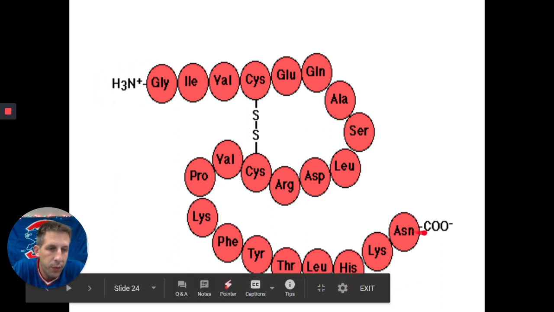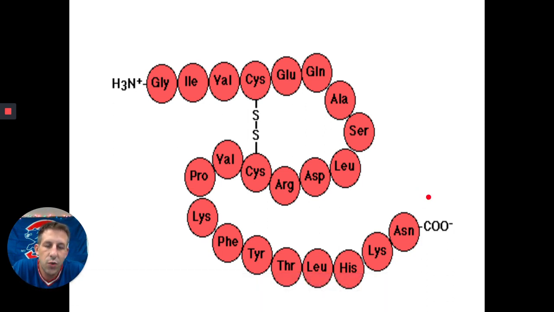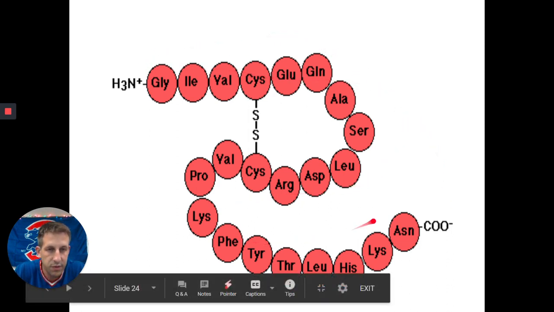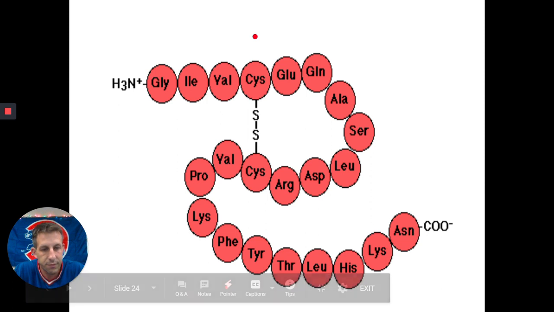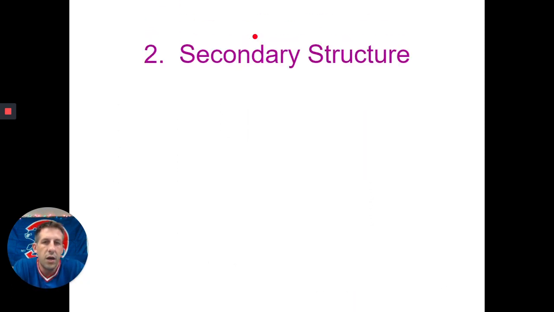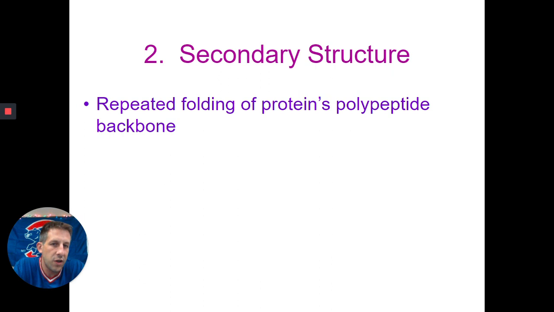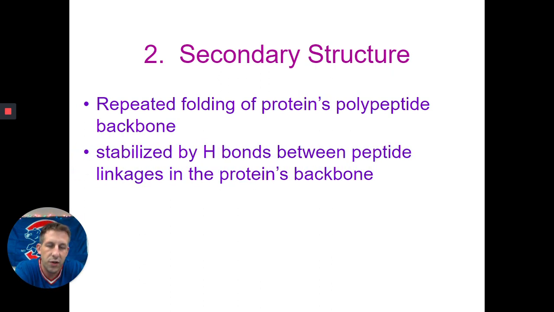And the folds that we get in this particular type of structure, this secondary structure, are stabilized by hydrogen bonds. Okay, we talked about the importance of hydrogen bonds already. I said that they would continue to pop up, especially when we get into large macromolecules, and they do. Here's one example of where we see them. So this secondary structure is stabilized by hydrogen bonds between different amino acids that we see in the chains. Okay, that'll make more sense when we see a different view of what these structures look like.